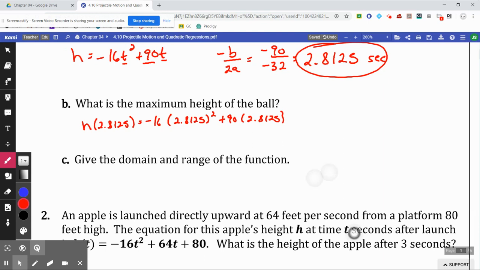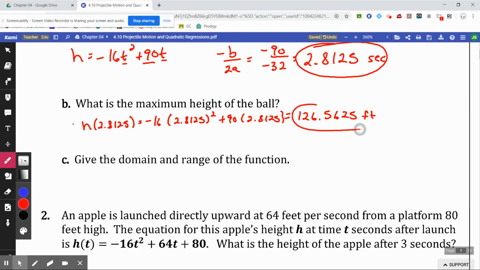When you plug that into your calculator, you get 126.5625 feet. That is the maximum height of this ball following this projectile path.